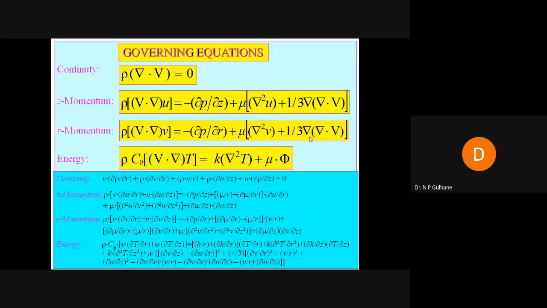So these are the equations you can see here with the property variation. Because of density variation, this density factor is different, this density factor is different. This rho del u by del z is called the velocity gradient in z direction, and there is also a density gradient in z direction.